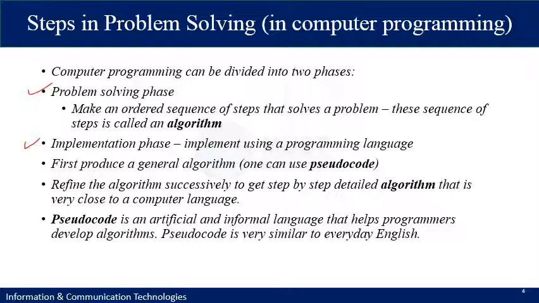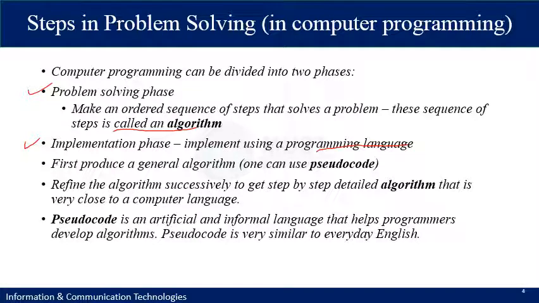In the problem solving phase, you have to divide the problem into manageable subtasks. That means making an ordered sequence of steps that solve that particular problem. This sequence of steps is called an algorithm. On the other hand, the implementation phase is done by implementing the program or sequence of steps in a programming language.